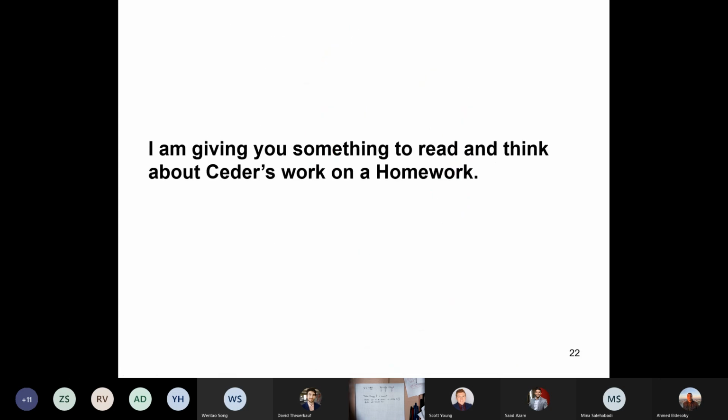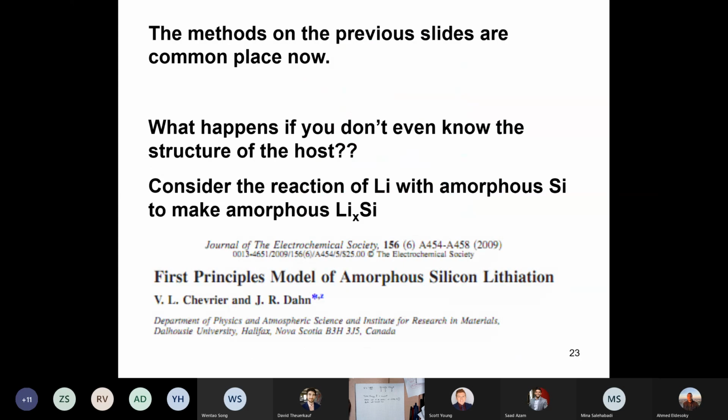So I don't want to spend a lot of time on this ab initio stuff because I'm not really an expert in it. We were involved at the very beginning with very simple things. So I'll give you something to read and think about on a homework. I will say, though, that one of my students, Vincent Chevrier, did some really nice work on amorphous lithium silicon.